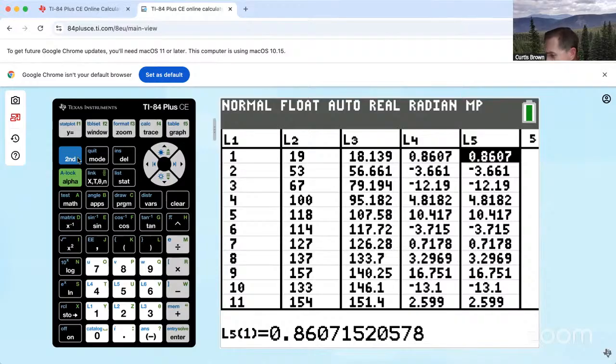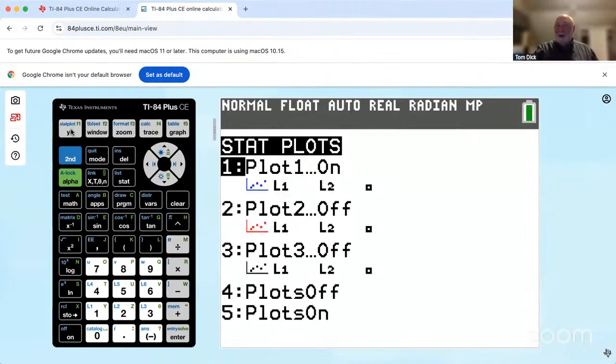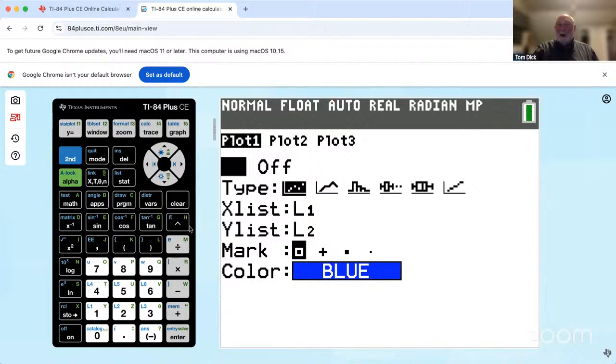Thanks. Yeah, and maybe just one final show here: I'll go to the stat plot and go to plot 1. I'm going to leave it on, but I'm going to change it to a residual plot. So I'm just going to change my Y list from L2 to L5. That's where we had the residuals.